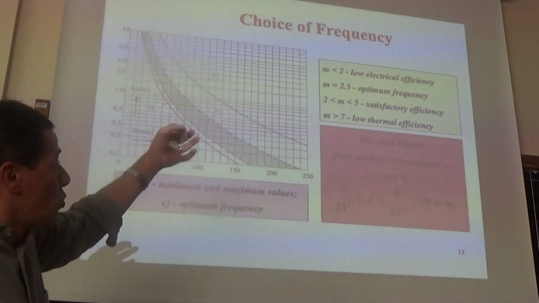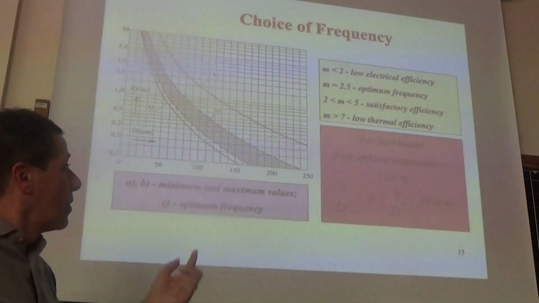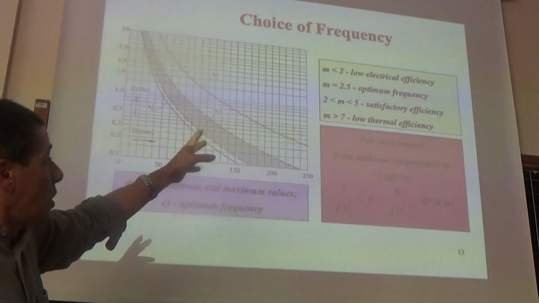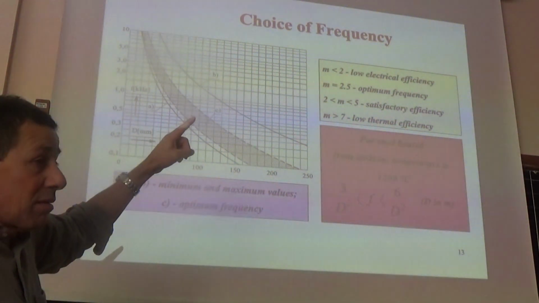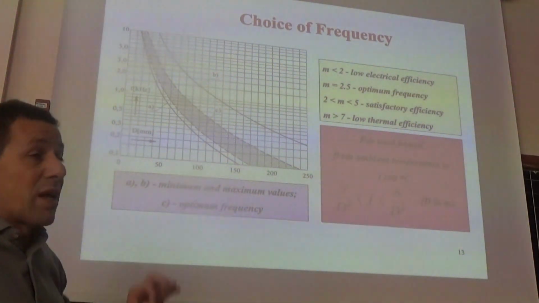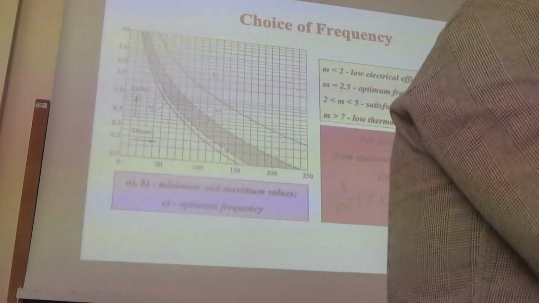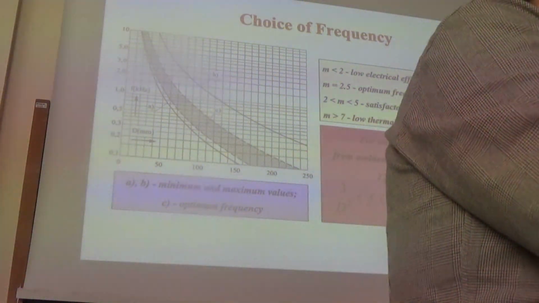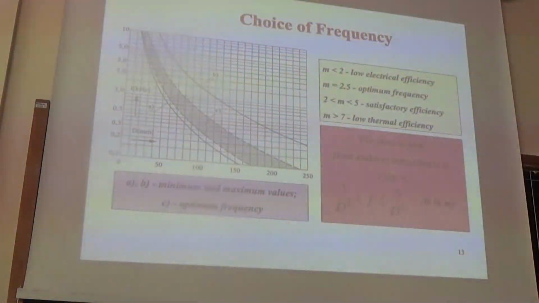So if I choose 2.5, I'm choosing the best frequency. With m between 2 and 5, we have a satisfactory efficiency, but for m greater than 7, we have low thermal efficiency. Why? Now we are speaking about thermal efficiency, not electrical efficiency. For electrical efficiency, I have already said that we have to stay at values greater than 2.5, at least.